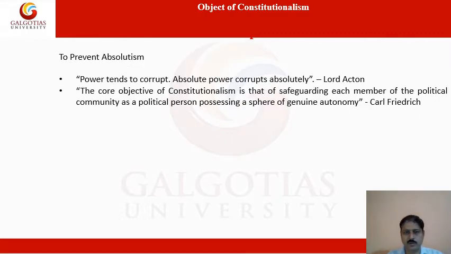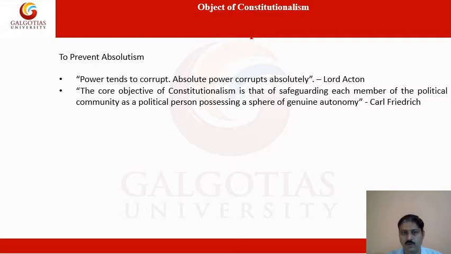The main object of practicing constitutionalism is to prevent absolutism. It seeks to prevent the vesting of absolute or arbitrary discretion in any one center of power. Lord Acton has stated that power tends to corrupt and absolute power corrupts absolutely.